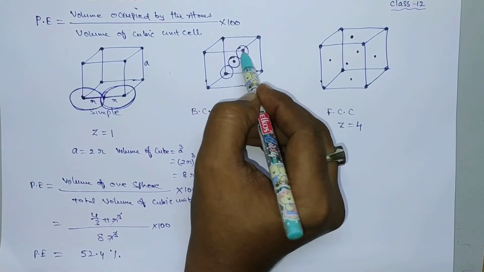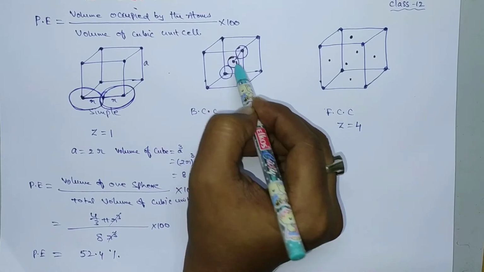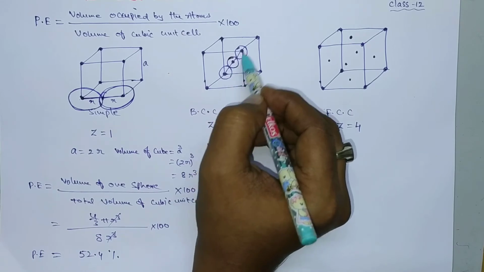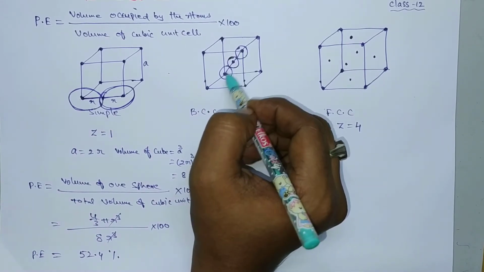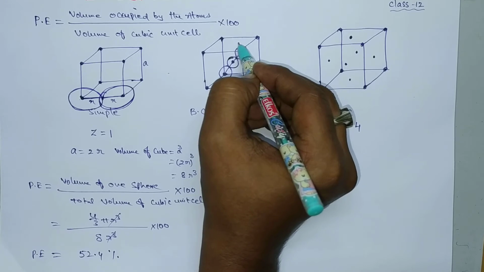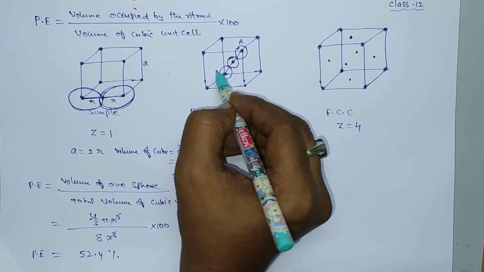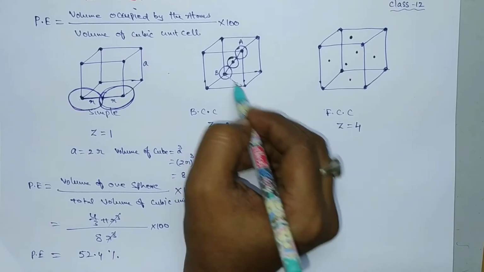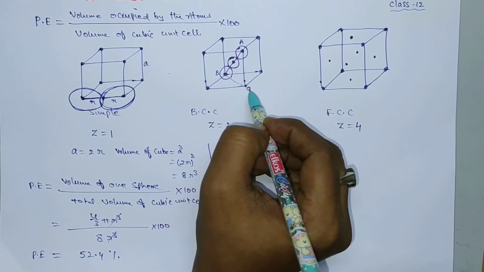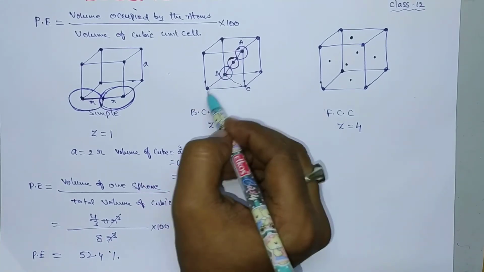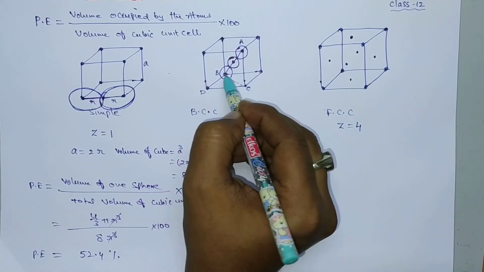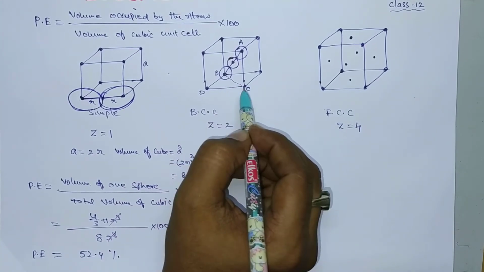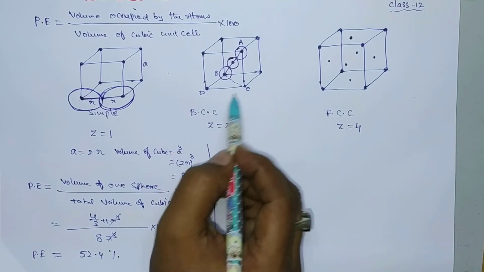So this is one r and another r, so the total distance is 4 radius, that is 4r. Let us consider the triangle ABC, and the diagonal along the face. If you consider the triangle DBC, this is the face diagonal of the bottom face.